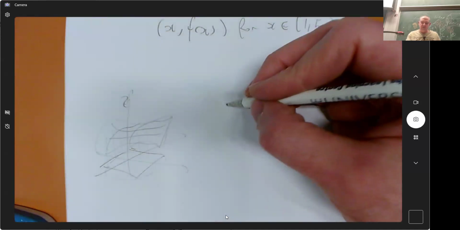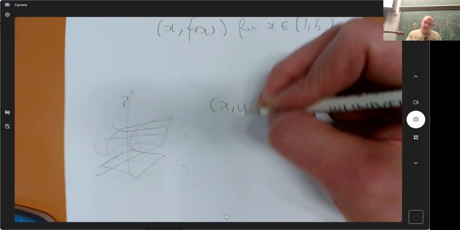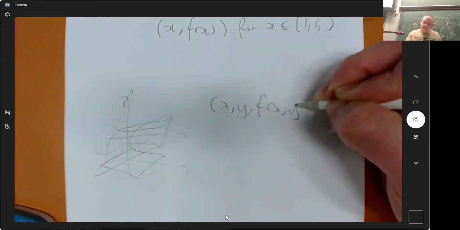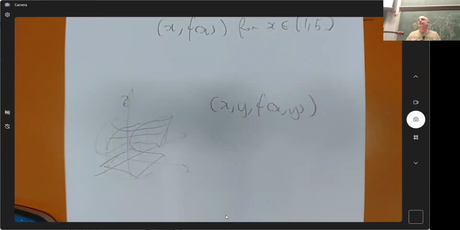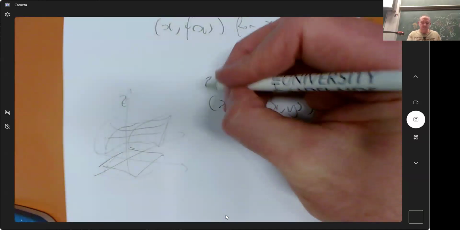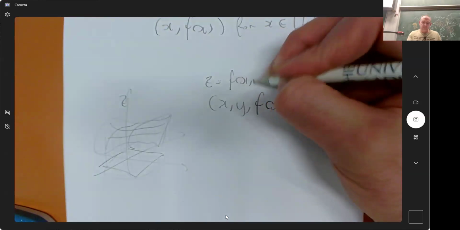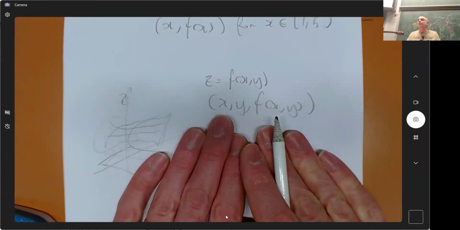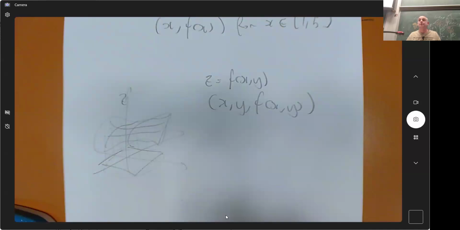But you can actually have x and y and f of x, y. That's a perfectly good parameterization of a surface, as long as you know what the function of the surface is. If your surface is already a function, then you can do it this way if you want.